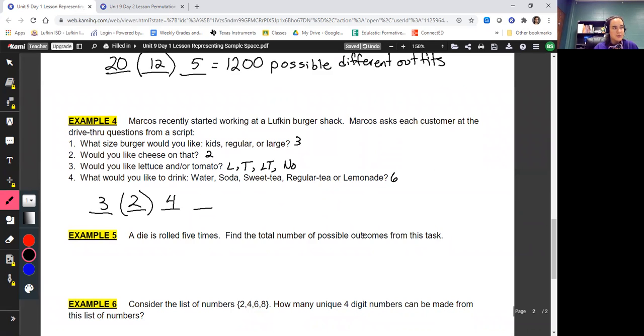So that's 6 options for that one. So 3 times 2 is 6, times 4 is 24, times 6 is 144 possible outcomes.